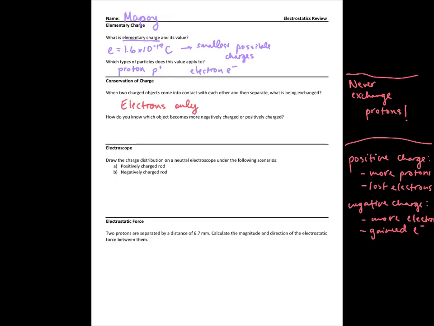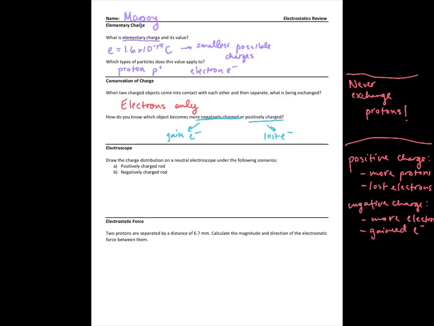Okay. So for more negatively charged, gained electrons, and positively charged is lost electrons. Okay. And so you could still have 2 positive objects come into contact and exchange electrons, and one would become more negative by gaining electrons. So even though objects could still both be positive, there's still an exchange of electrons where one could gain and one can lose.